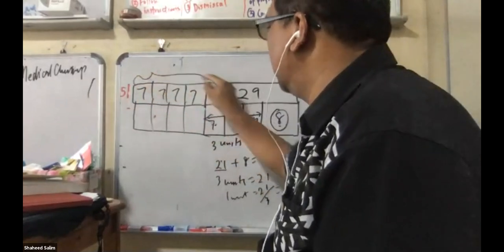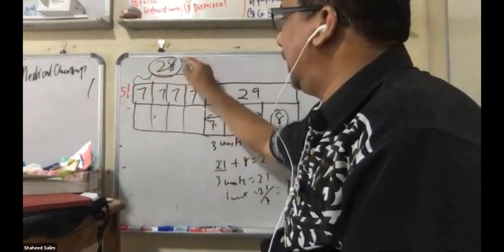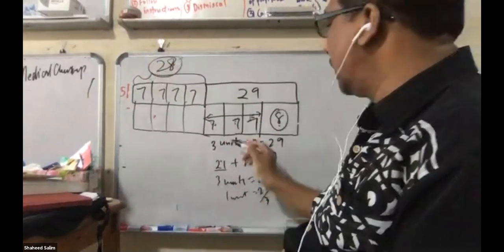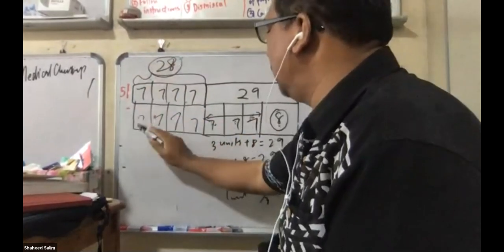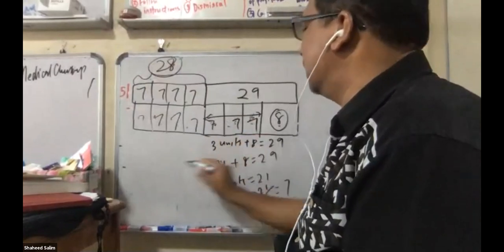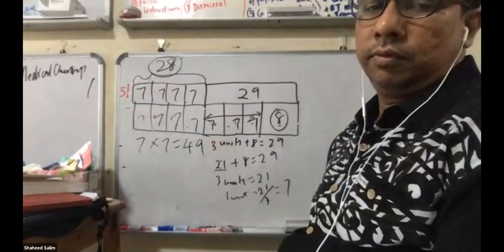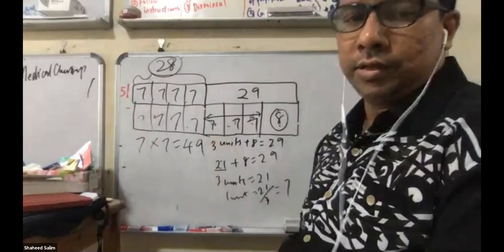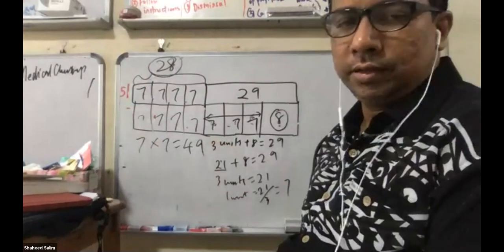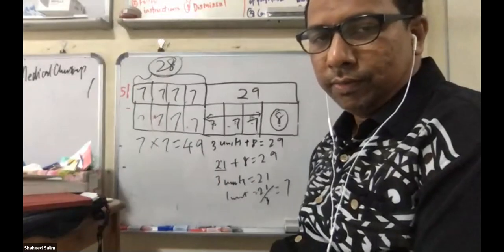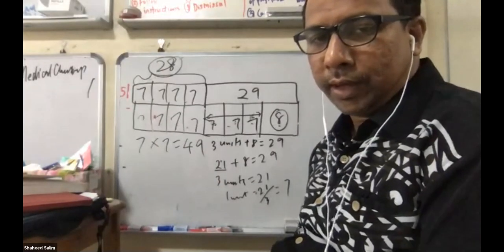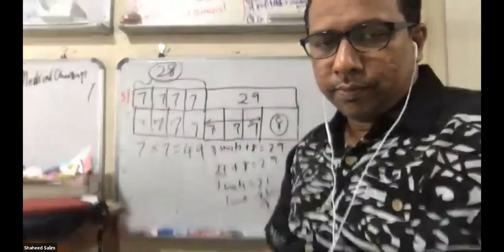Down here 28 lah. Whoever got 28 at first, 7, 7, 7, 7. How many? 1, 2, 3, 4, 5, 6, 7. 7 times 7. This one got 49 at first. Finish. Get it? You get it? So you add them both.